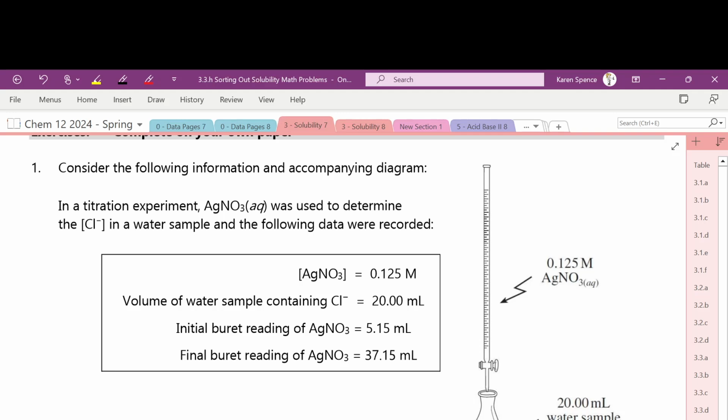I said the concentration of chloride is 1 mole. Is it possible that you have 2 moles of chloride? No, and that's why.